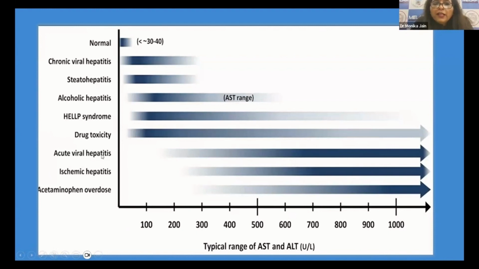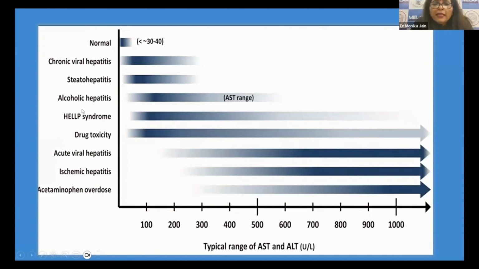We generally suspect viral hepatitis, ischemic hepatitis, drug toxicity, and paracetamol poisoning. This includes other drugs also. So whenever this is in thousands, we suspect viral, ischemic, or drug-induced injury.